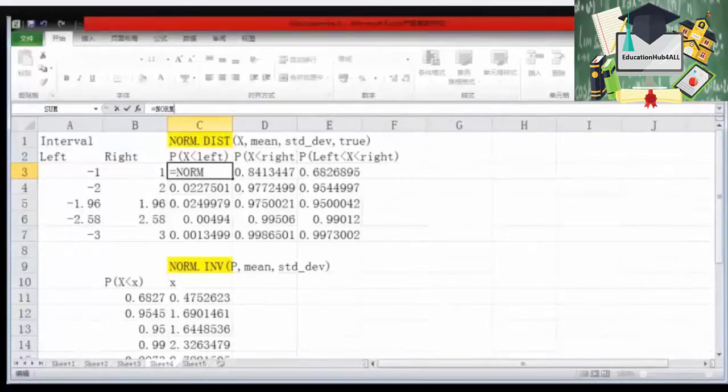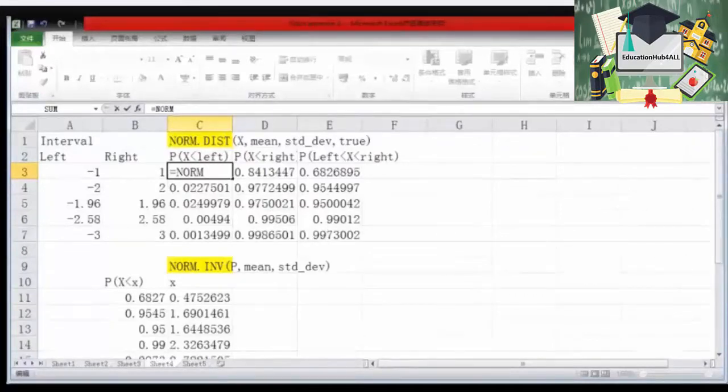The NORM.S is only for the standard normal distribution, which means mean equal to 0, variance equal to 1. If you use this function, because the mean and the variance are known, you don't need to tell the computer what the mean and variance are. But for the first two, you have to tell what the mean and the variance are.